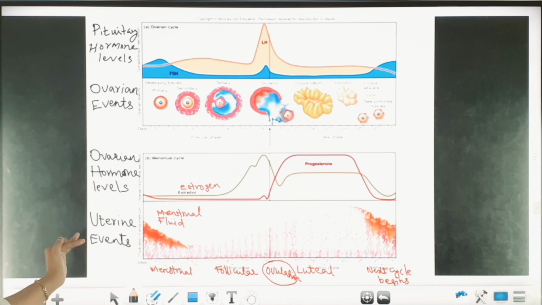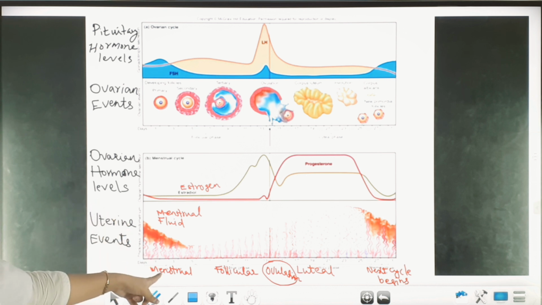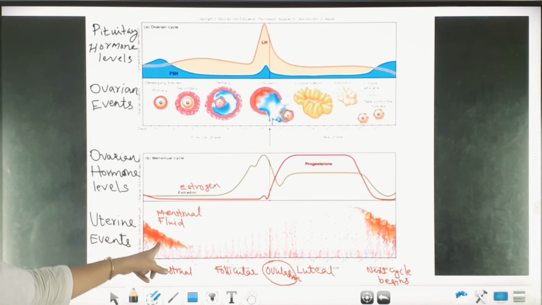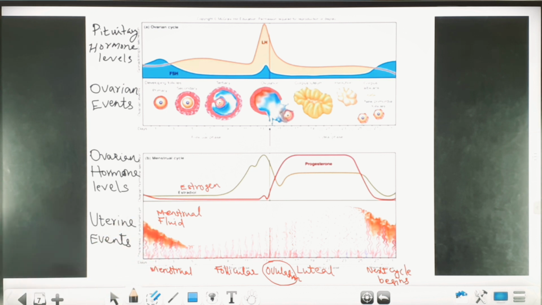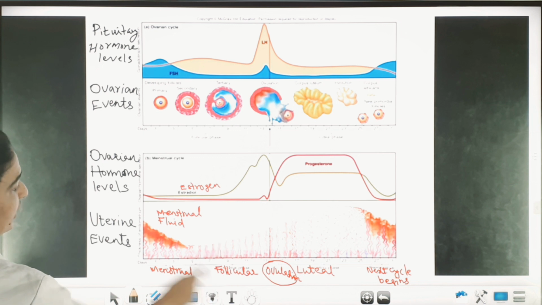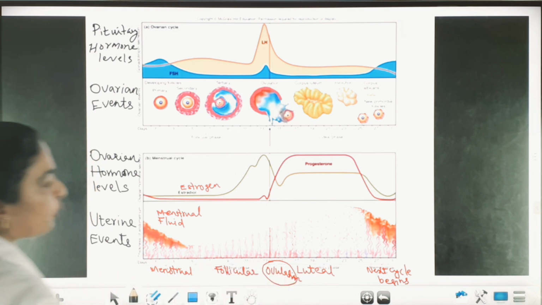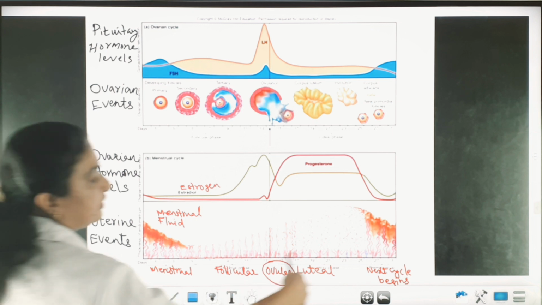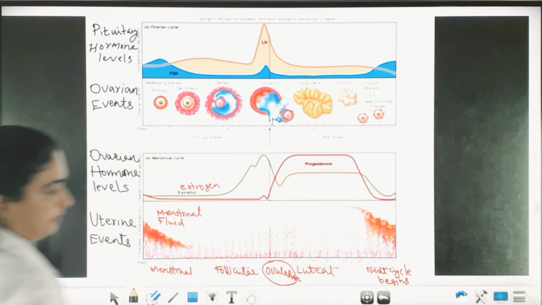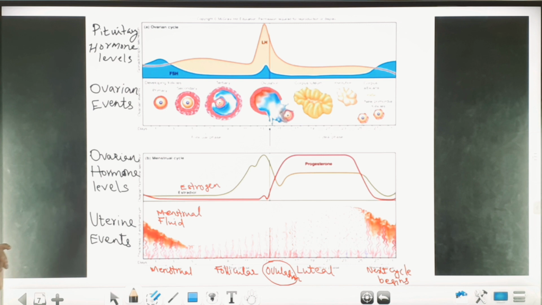In the uterus, the uterine events are marked first by menstrual flow. You can see the menstrual fluid. Then it is followed by the follicular phase, then the ovulation phase, then the luteal phase, then we get into the next cycle, that is again menstruation.